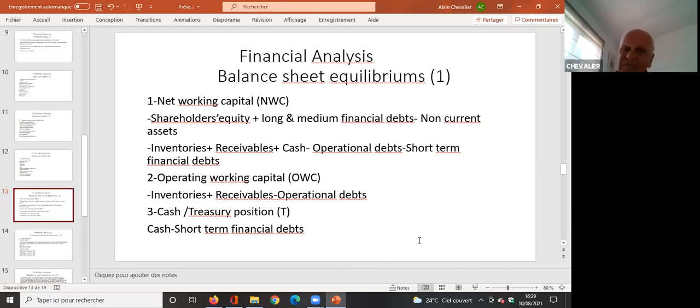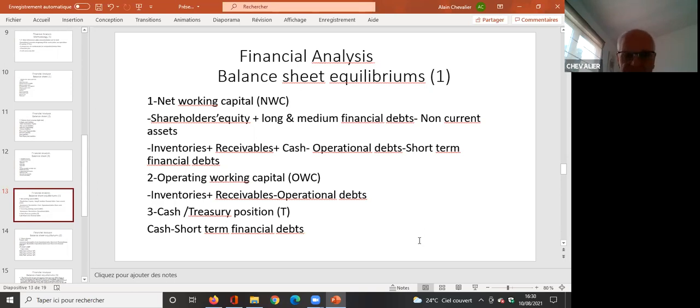The interest of net working capital calculation is brought by the first calculation here: shareholders' equity plus long and medium financial debt minus non-current assets. What does it mean? It means we compare the long-term financial resources, which are made of 2 categories.